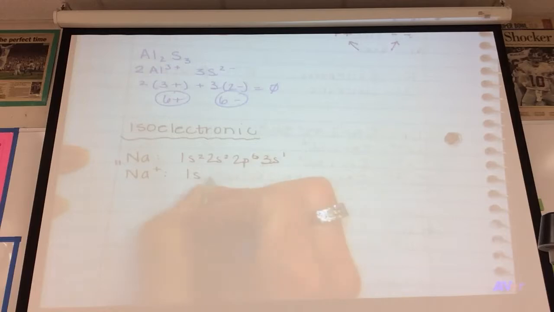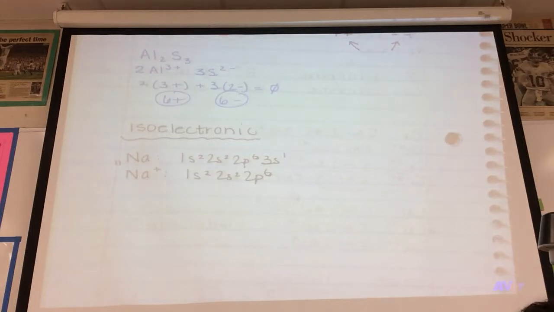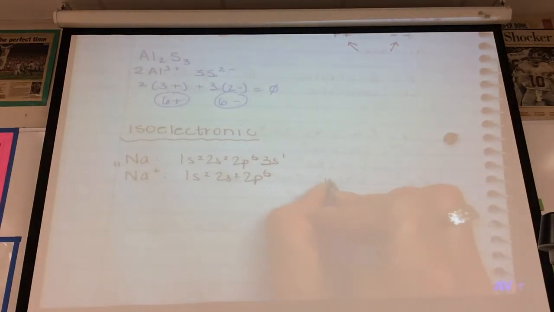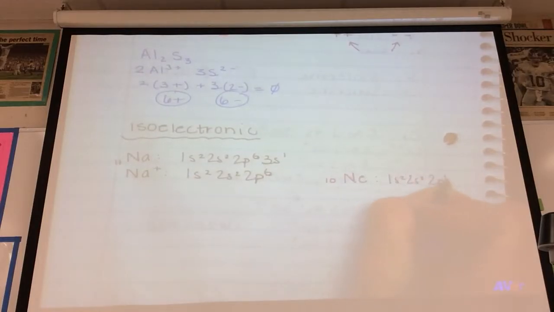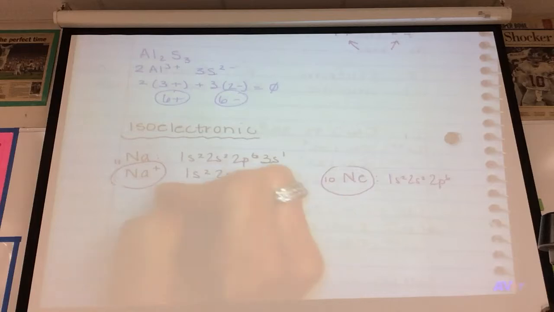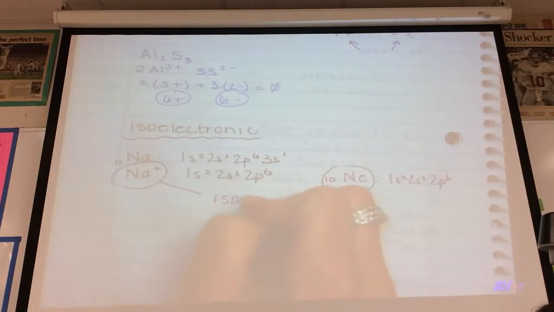It'll lose the electron from the 3s orbital, and it has this electron configuration as we discussed previously. How many electrons for a sodium ion? 10 is correct. What element on the periodic table has an atomic number of 10? Neon. And if we were to write the electron config for neon, it'd be 1s2, 2s2, 2p6. So we say that neon and the sodium ion are isoelectronic.